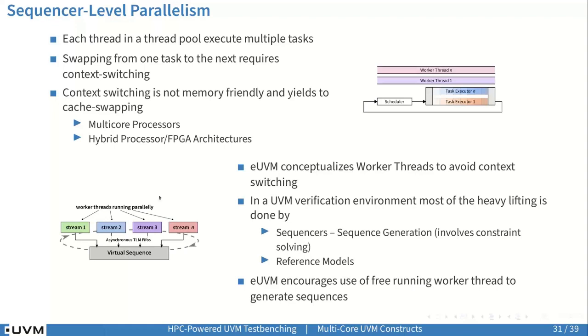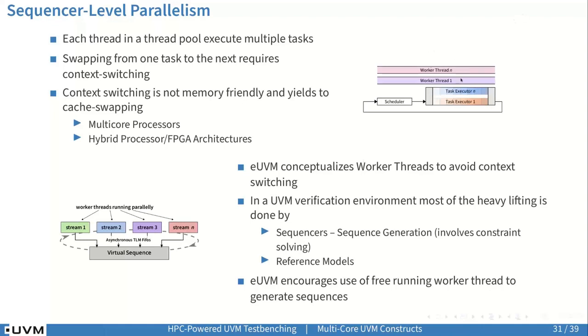It has events. The streams which are generating sequences don't have events. They don't have any context related to time, but the virtual sequence has. The virtual sequence can keep catching randomized data from the streams and keep moving on.